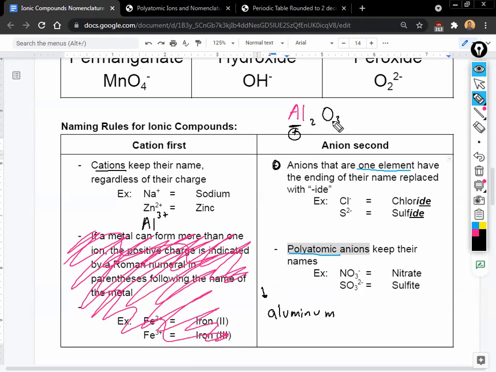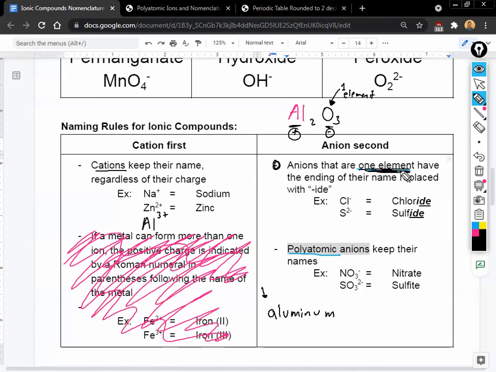Okay, now the anion, the negative one, is going to be O. And so is oxygen one element or is it polyatomic? Yeah, it's one element. If you go to the periodic table, you see oxygen. So this is just one element. And so we need to follow a different rule.